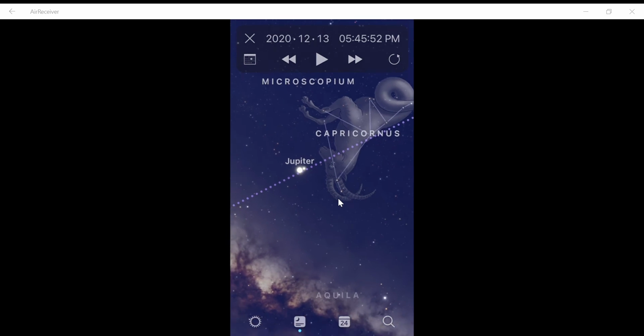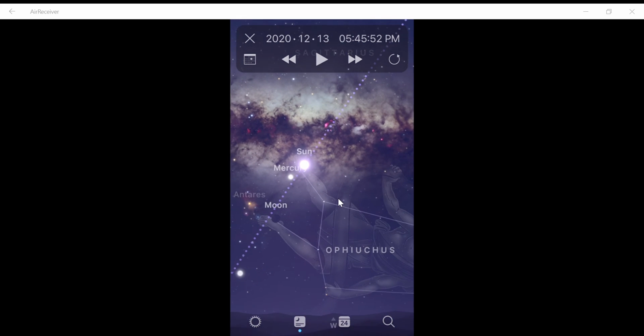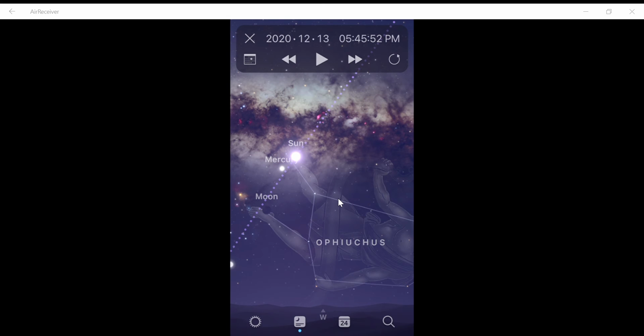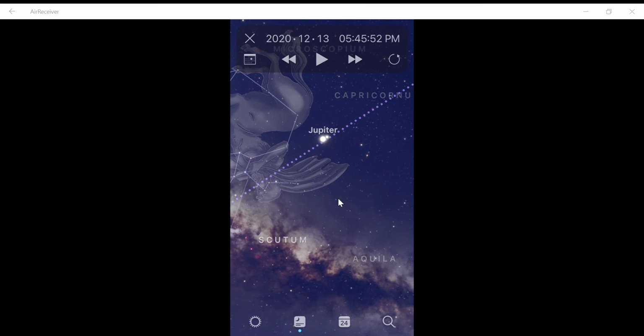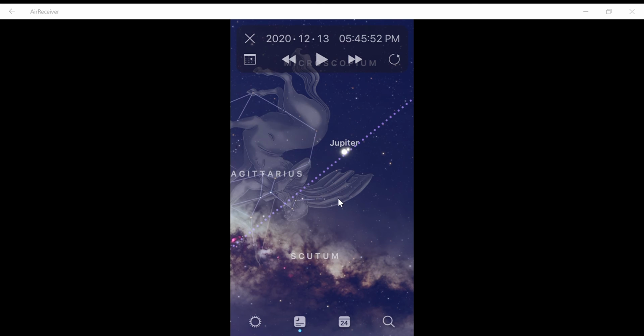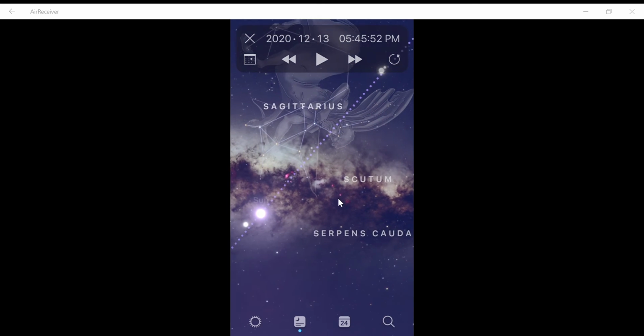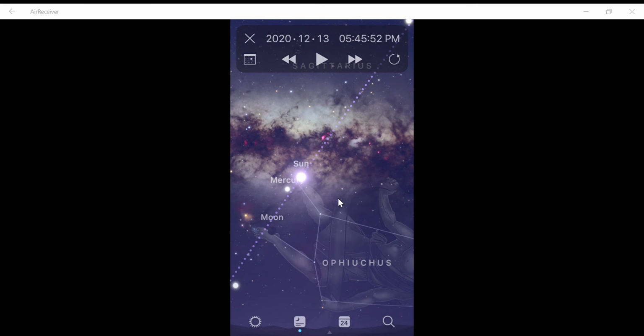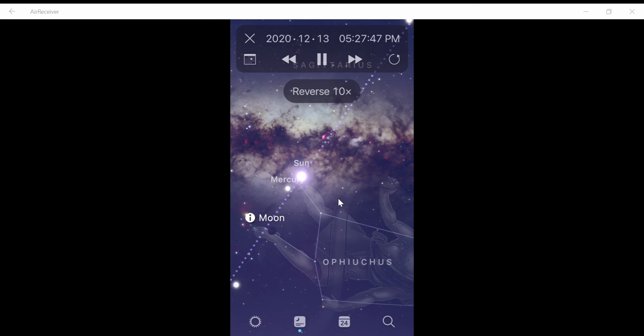So the moon appears below the ecliptic, but it's not below the ecliptic. Actually, it is above the ecliptic. Just remember that these signs are flipped. If you look at Sagittarius, it's upside down. That means the moon right now is above the ecliptic, not below. Okay? So keeping that in mind, let's run the simulation forward.